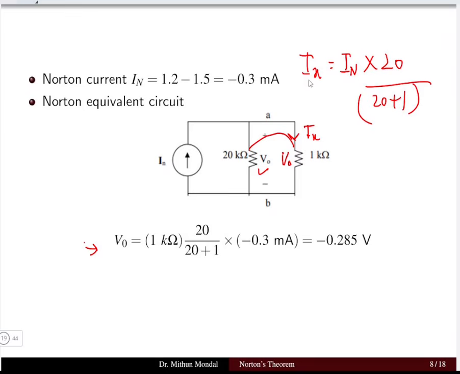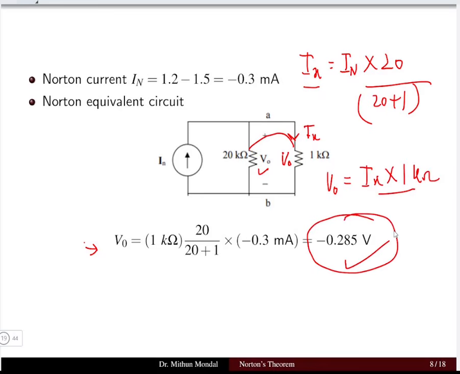Now the voltage V0 that we need to determine is basically Ix multiplied by the resistance, that is 1 kilo ohm. Here we get the voltage as minus 0.285, where the minus sign simply means that the polarity will be reversed from what we have seen.